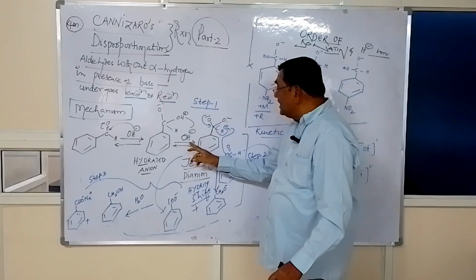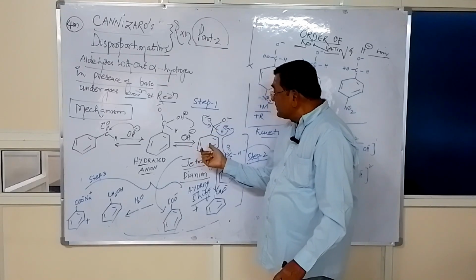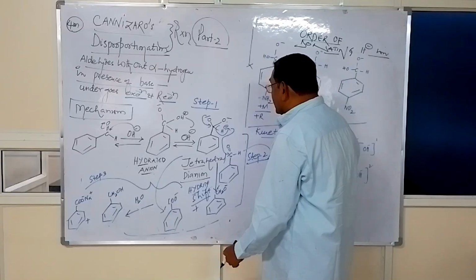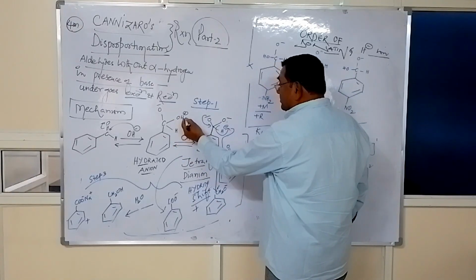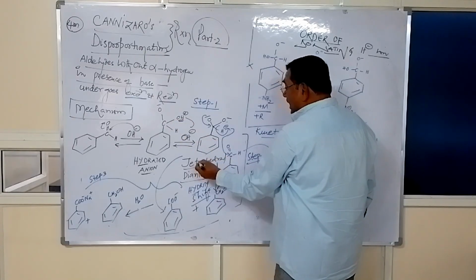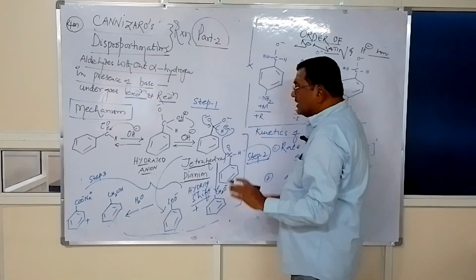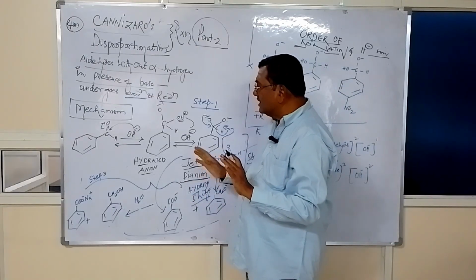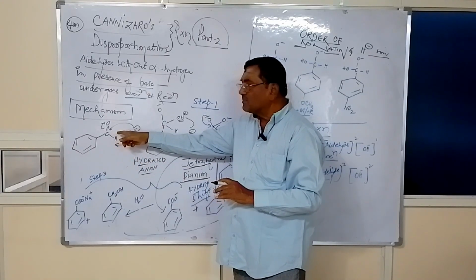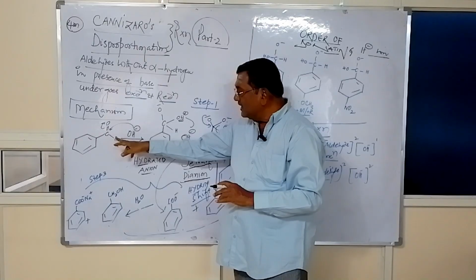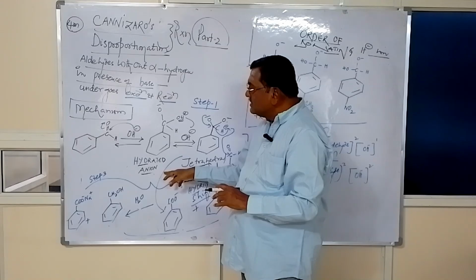So this hydrate anion, again in presence of base, that base is going to absorb the proton from the OH group, and that's going to give us the tetrahedral dianion. I am repeating, children, once again, listen cautiously. First of all, the OH minus interacts with the carbonyl carbon, undergoes nucleophilic addition, and after that you get the hydrated anion.